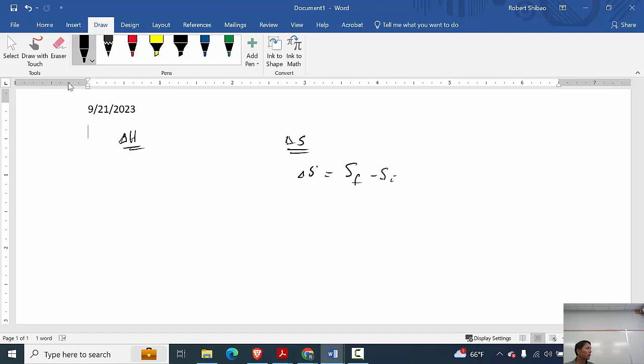We talked about delta S of phase transition, did we? Yeah. Okay, that's one. And that comes from delta S being related to the heat exchange under reversible conditions at a given temperature.